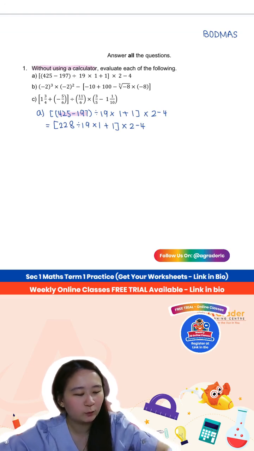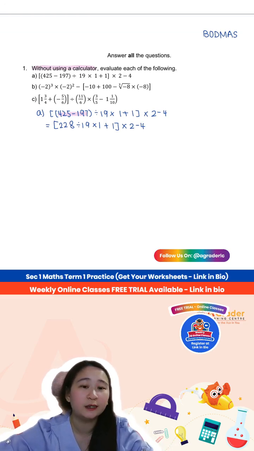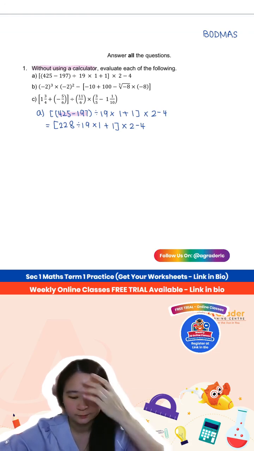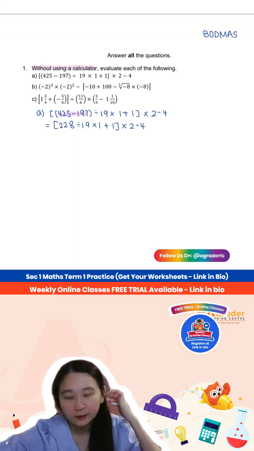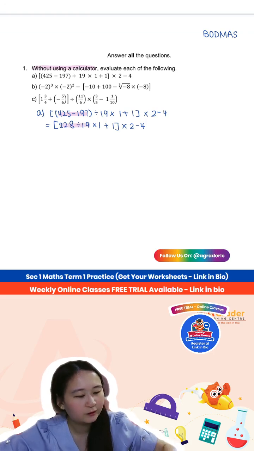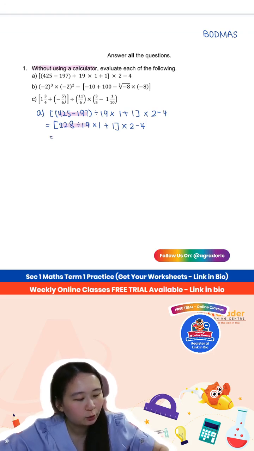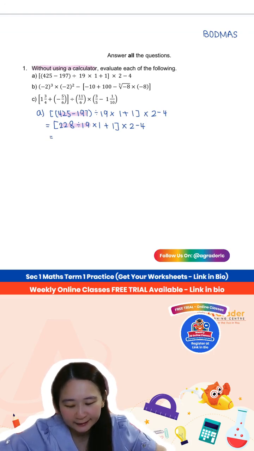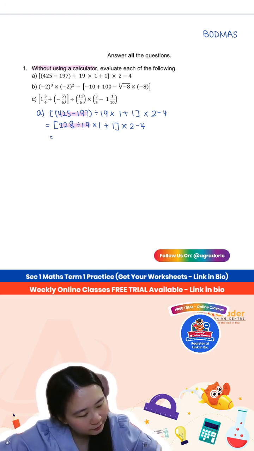So next step will be divide and multiplication come together, just that you have to move from left to right. Tang, you got the answer correct, well done. So following which will be divide. 228 divided by 19, we will get 12.